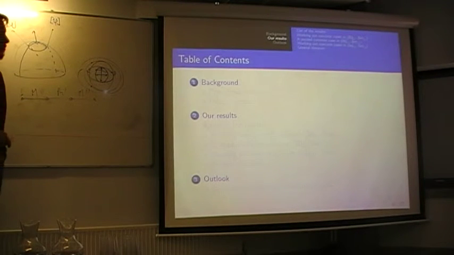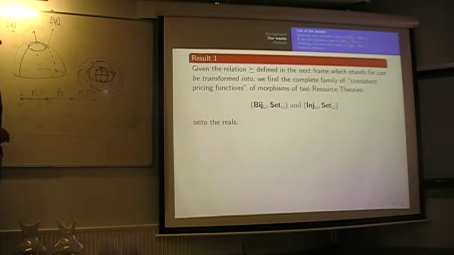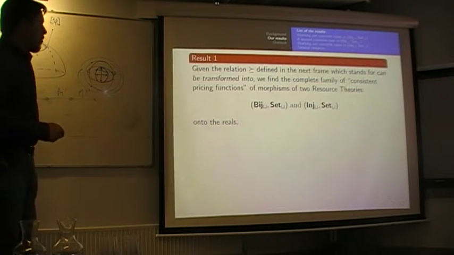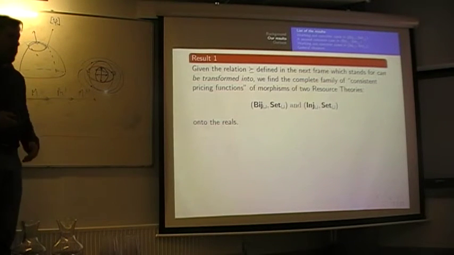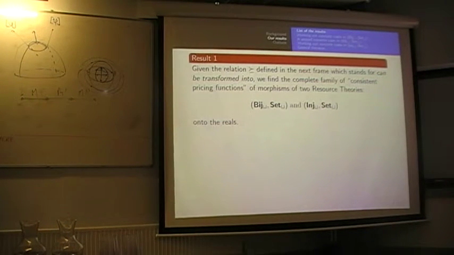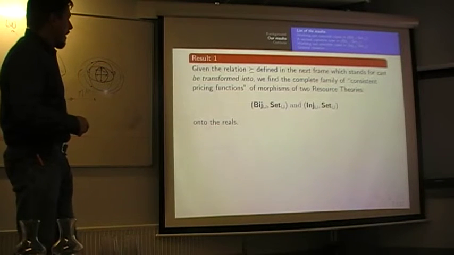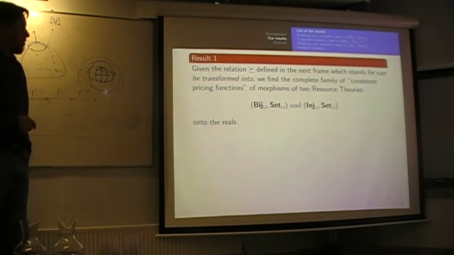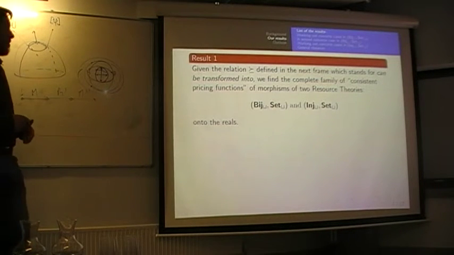Now moving on to our results in the paper. There's a relation defined in this framework, which stands for can be transformed into. So the ability of one process to be transformed to another. And what we did is we found a complete family of consistent pricing functions.